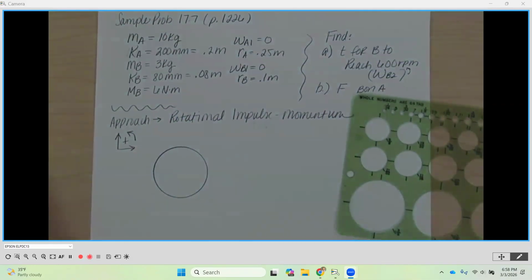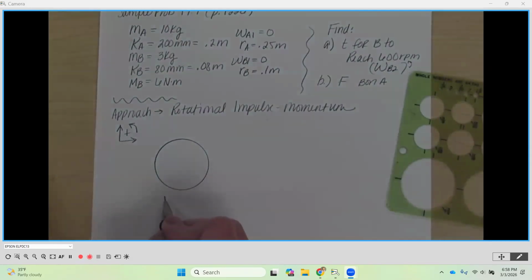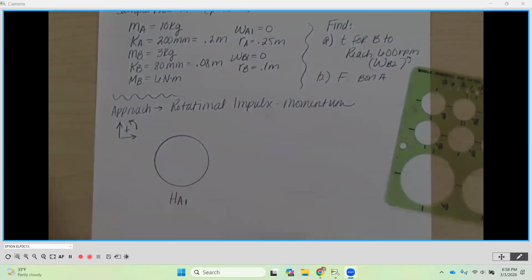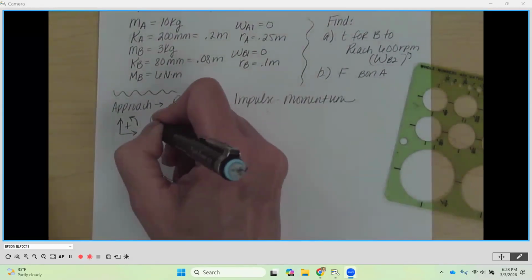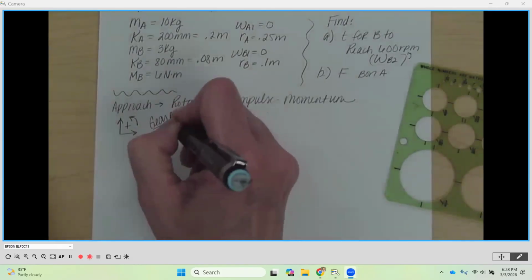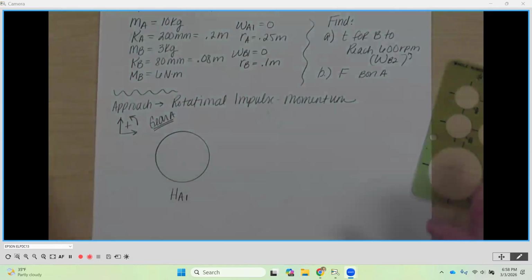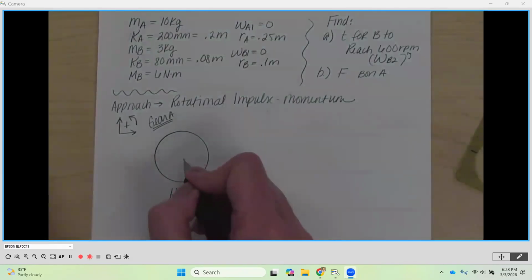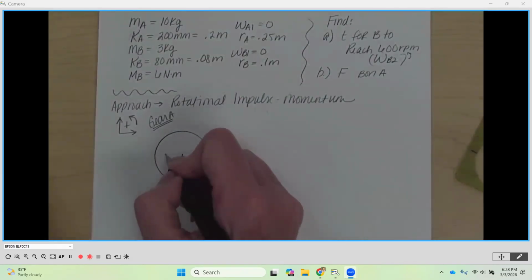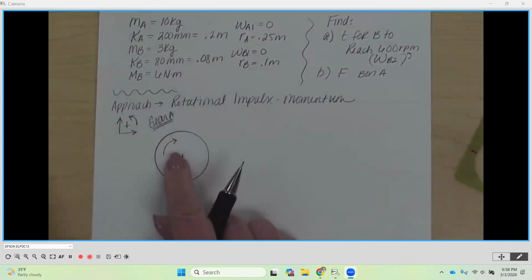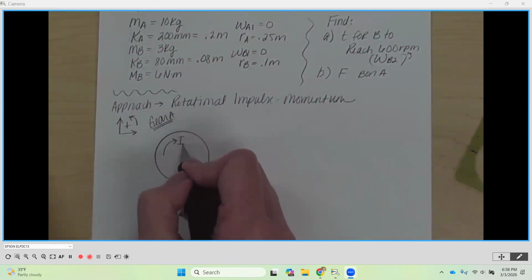I'm going to draw. This first circle is going to represent the angular momentum of A1. I should really put this up here. This is gear A, and then we'll look at gear B. This is the center. I'm just going to show it going counterclockwise.